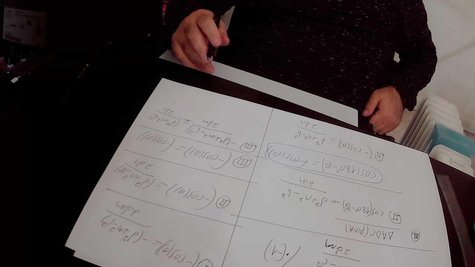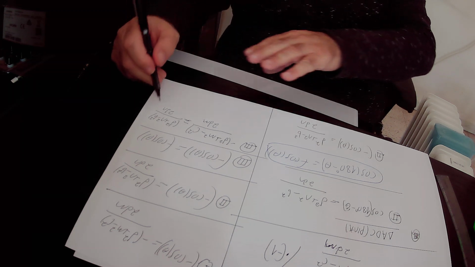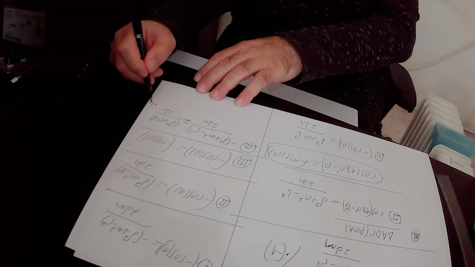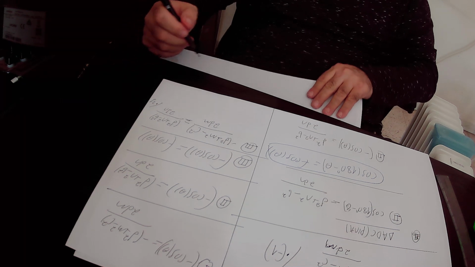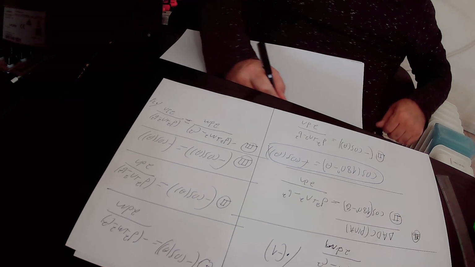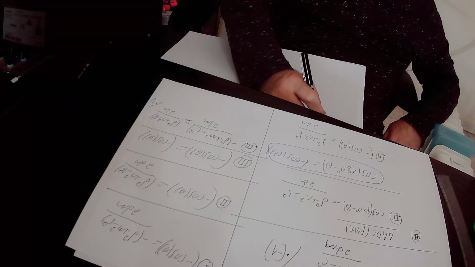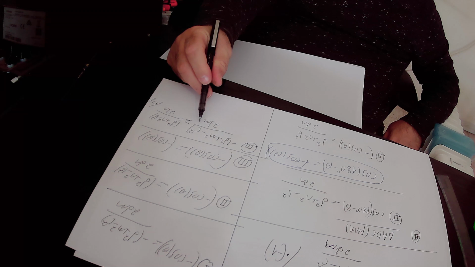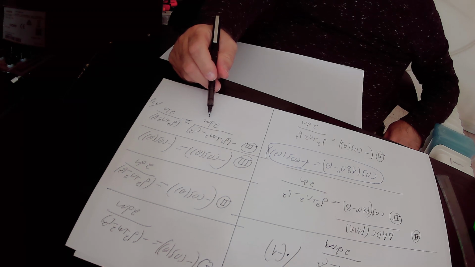Here we'll multiply equation number 3 by 2d. On this side of equation number 3, 2d over 2d is 1, so 2d gets cancelled, and the denominator is left only with m.